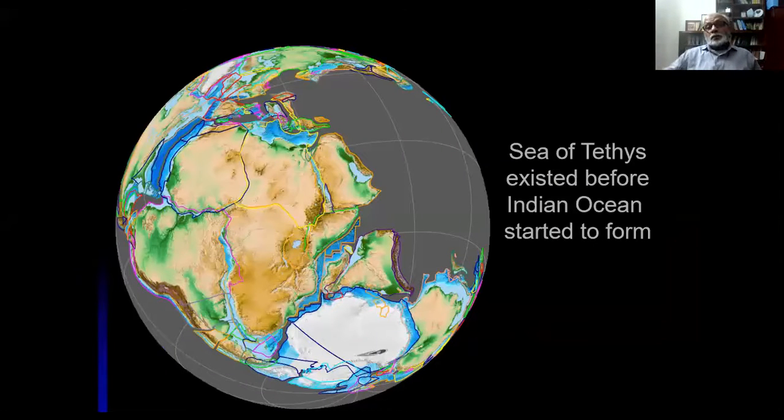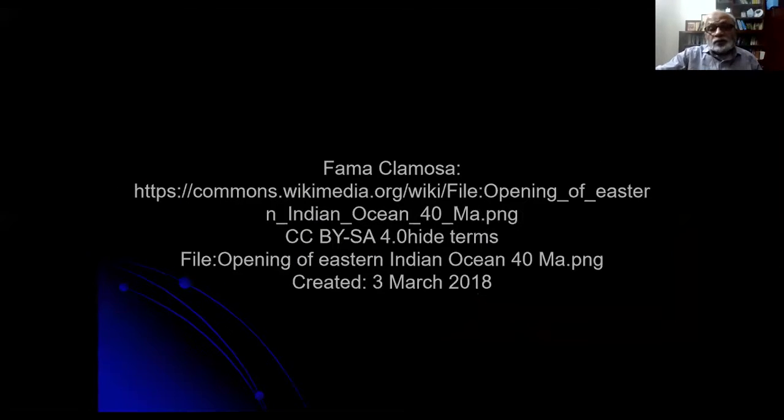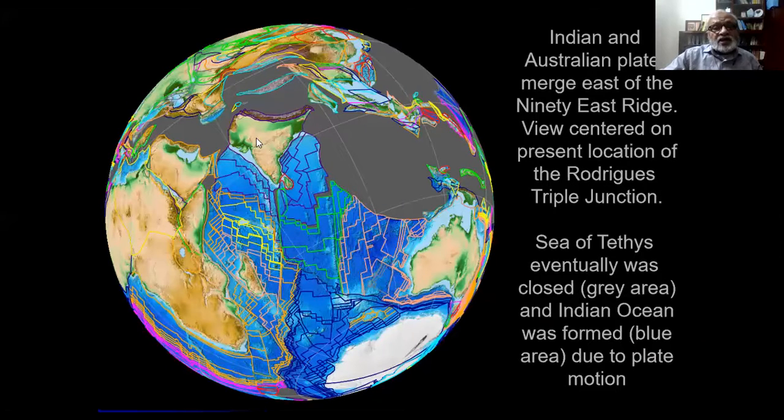Now this is your Sea of Tethys, and this is India. This is the present time, where the Sea of Tethys has been closed, but in some parts the residual Sea of Tethys is there.